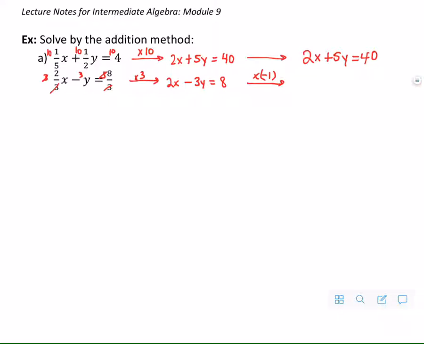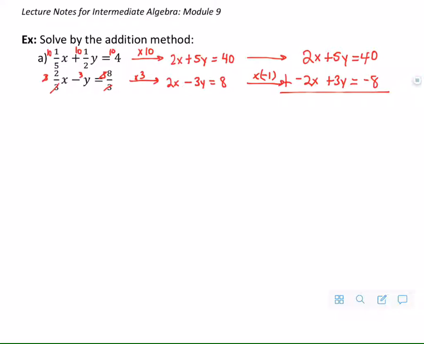So what happens if I multiply everything in the second equation by -1? The x's will cancel. So tell me what the new equation looks like before I actually cancel them. -2x plus 3y, because it changed that sign, equals -8. It changes the sign of all three of them.